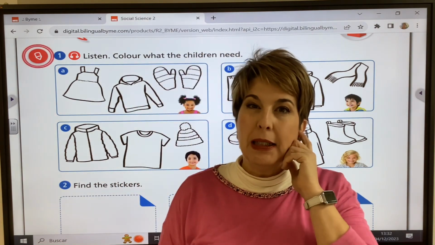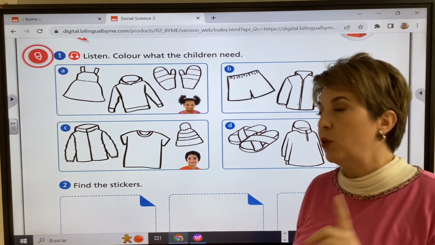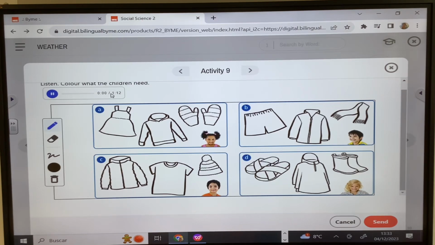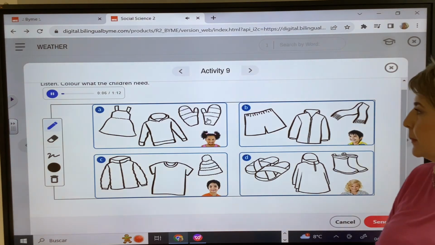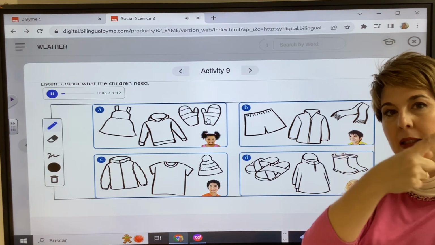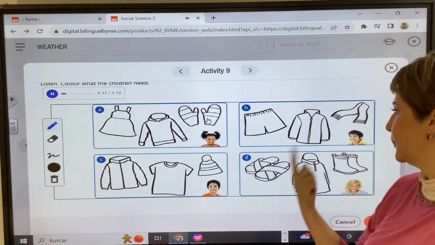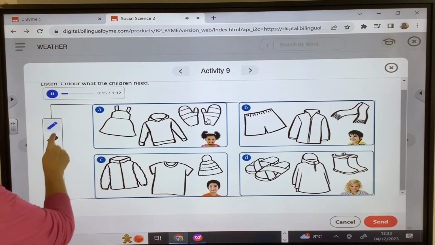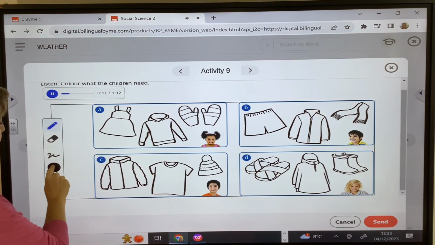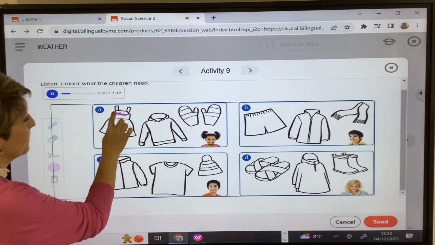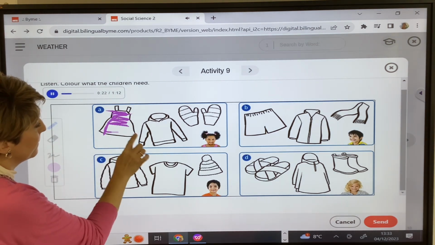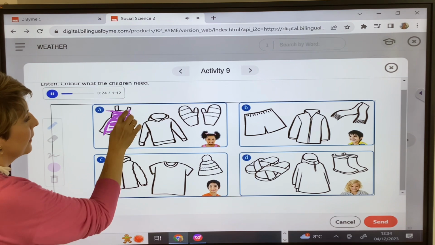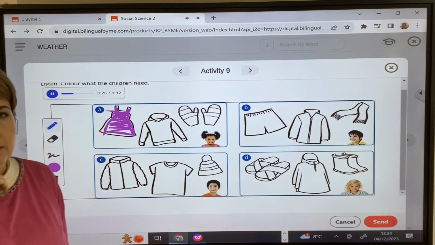We have to listen and color what the children need. A. What can I wear today? Listen, the water is hot. B. What can I wear today? It's windy.